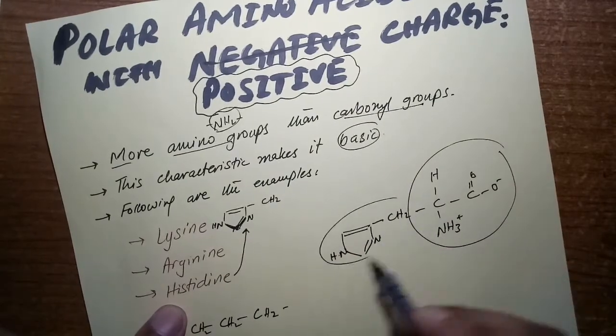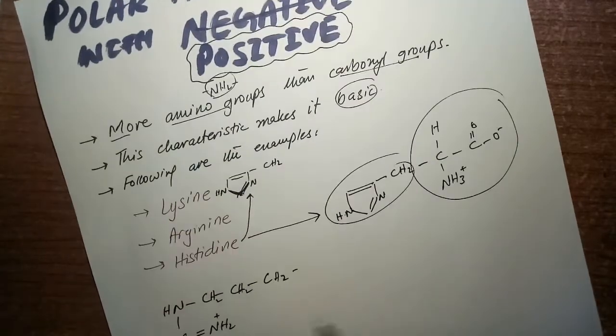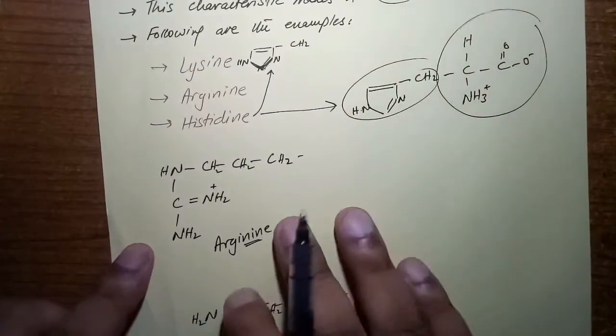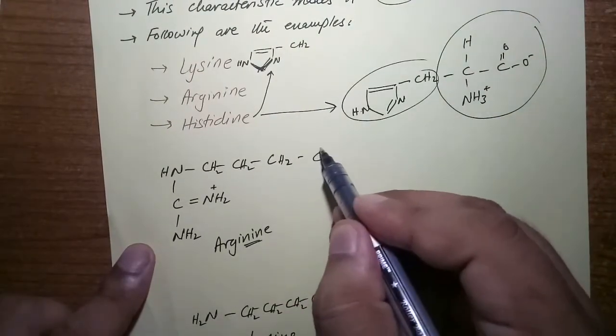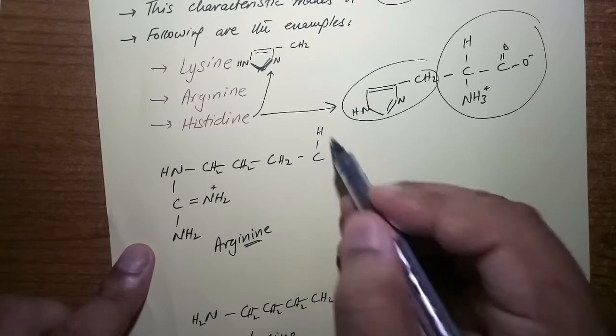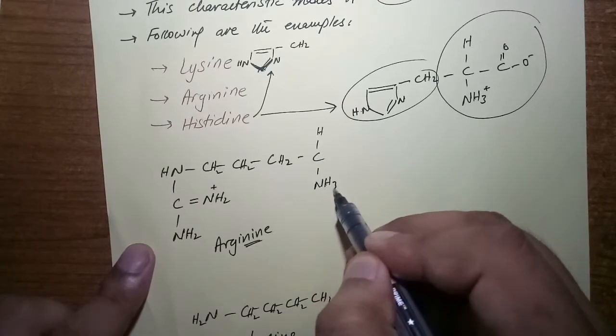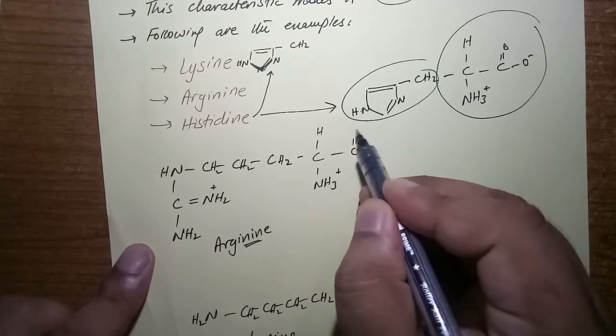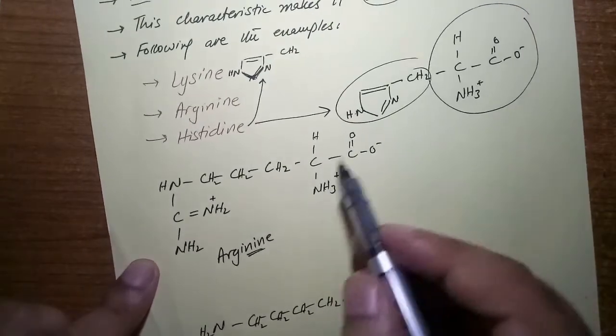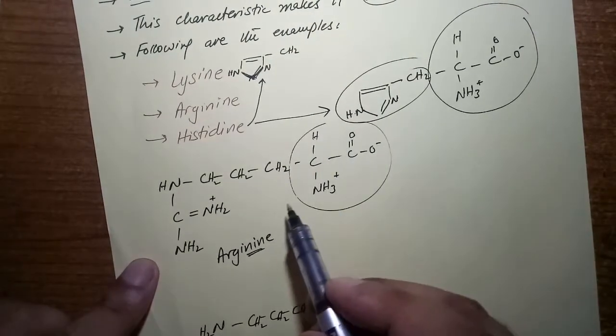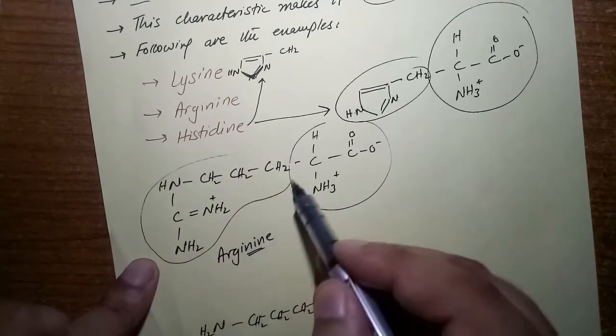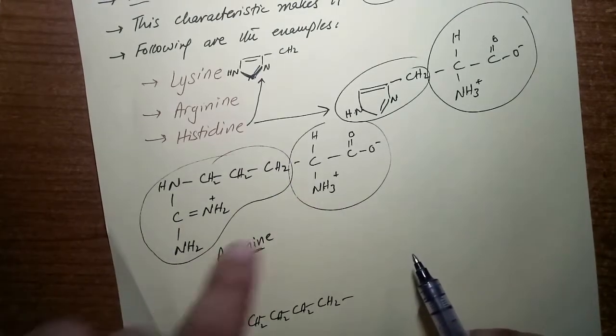This group makes it a histidine molecule, and this group is already made, and you make some carbon, which is the chiral carbon, and the amino group and the carboxylic group.